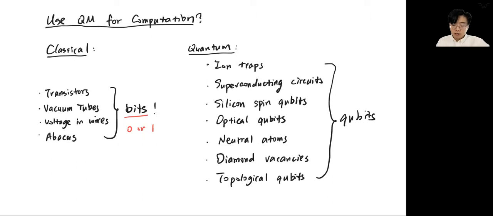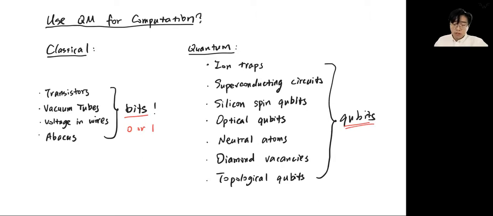This can be generalized to build a quantum computer. So all we need to do is to find quantum mechanical properties and abstract them into a notion of quantum bits or qubits. Here are some examples of things that we believe are potential implementations of qubits.